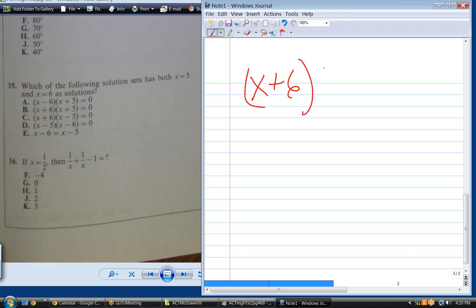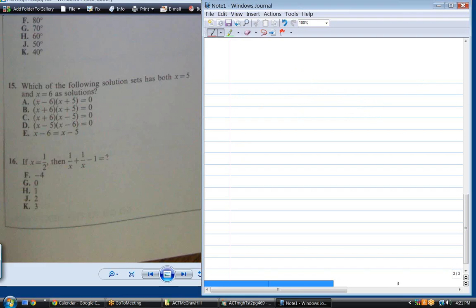Well, let's look at B. If this were true, what are my 2 solutions? -5, -6. Okay. So if my 2 solutions are 5 and 6, what must I be looking for here? Negative. Okay. So which answer? D. All right.